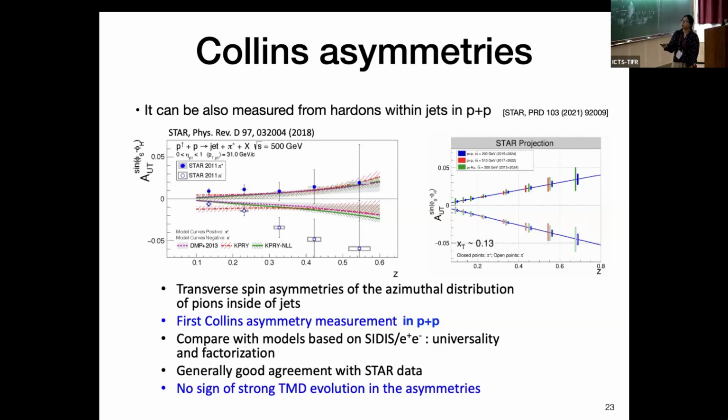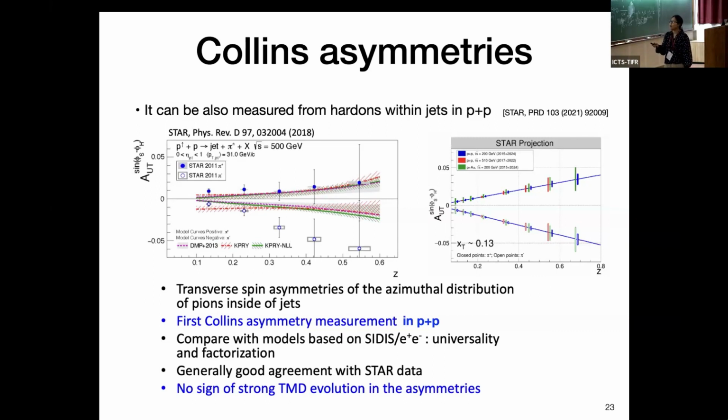And this is one of the results that was published a few years ago. It's a function of z here for the pi plus and pi minus, compared with the different theory calculations here. And this shows that the Collins asymmetry measurement can happen in proton-proton collisions for the first time.